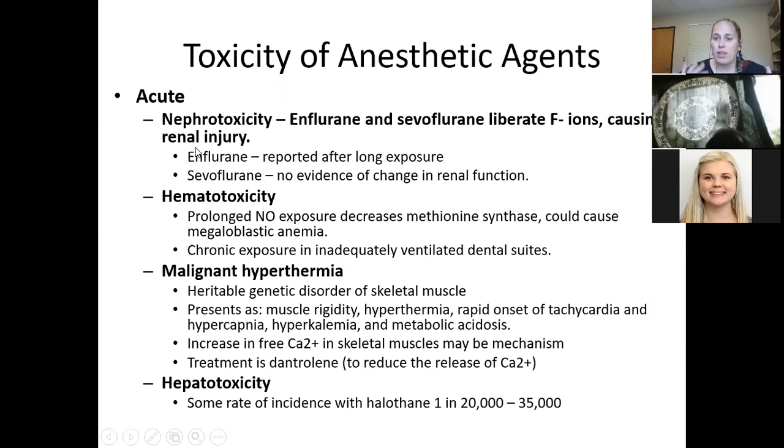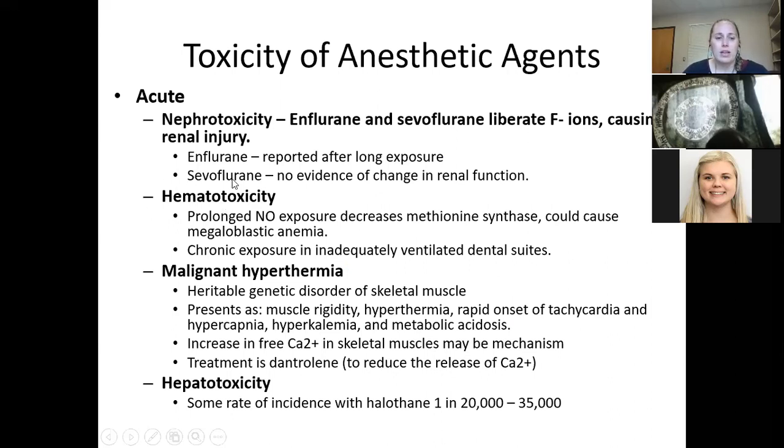So somebody who's been under that particular anesthetic for extended periods of time has been shown to have renal failure. The sevoflurane, even though it works by a similar mechanism, there's really no evidence of change in renal function. So I don't necessarily know if it's a decrease in the amount in which the fluoride ions are being released in that instance.